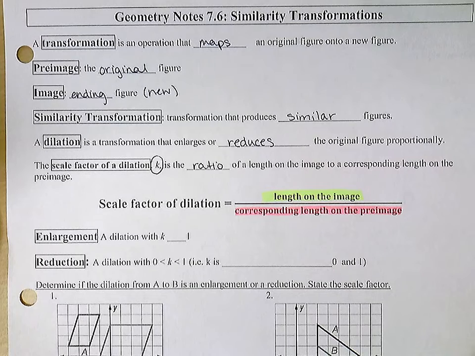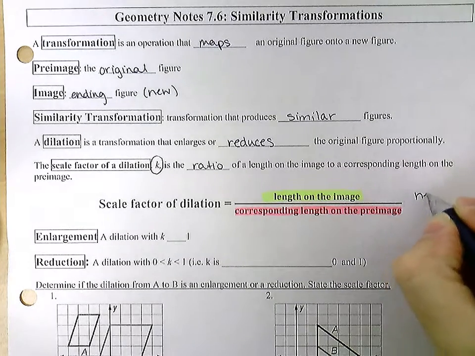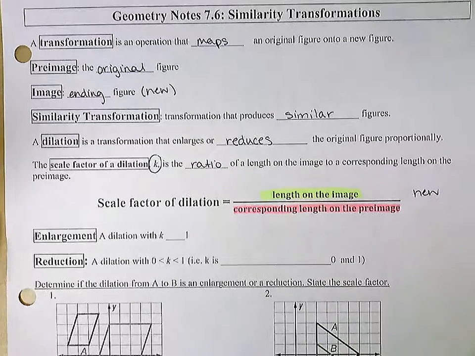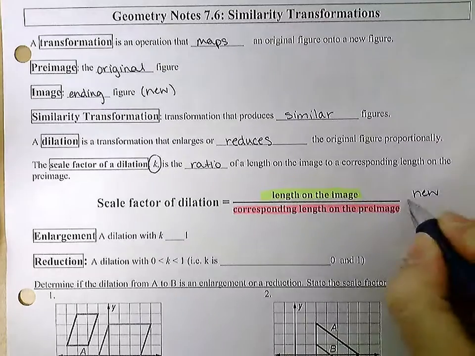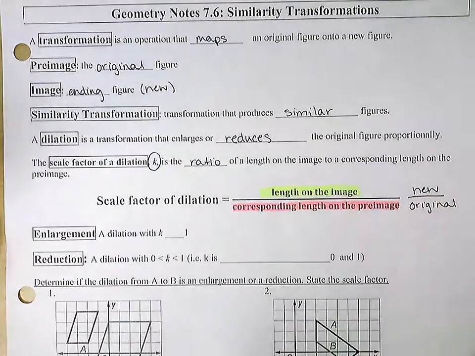Okay, so you're going to take your new image length, so your new one that you just found, it's over the original. Okay, so it does have to be in that specific order. Okay, so it'll tell you which one is the image and which one is the pre-image, so you're able to create that scale factor correctly.